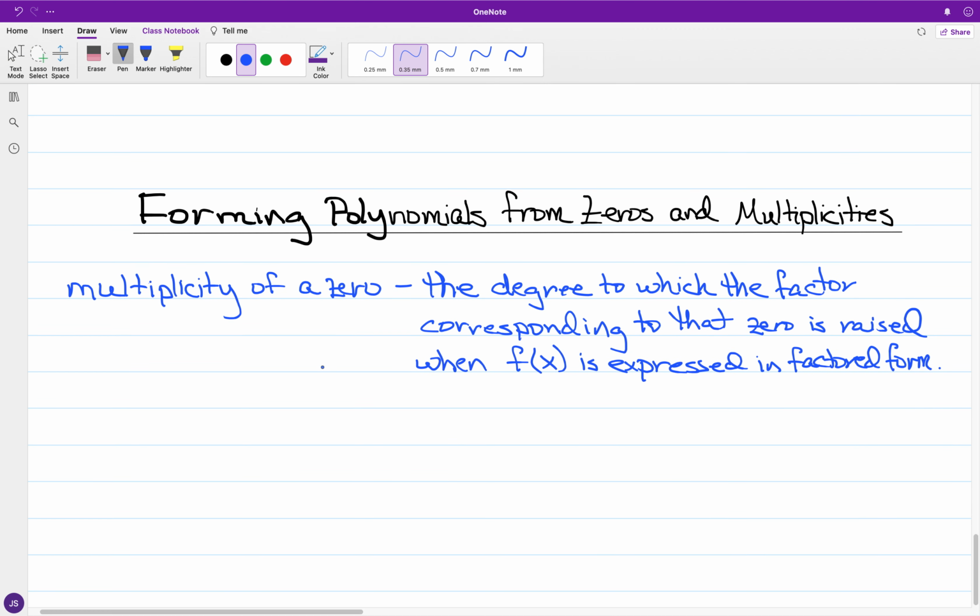So this is going to be multiplicity, and we'll look into a case in just a moment.